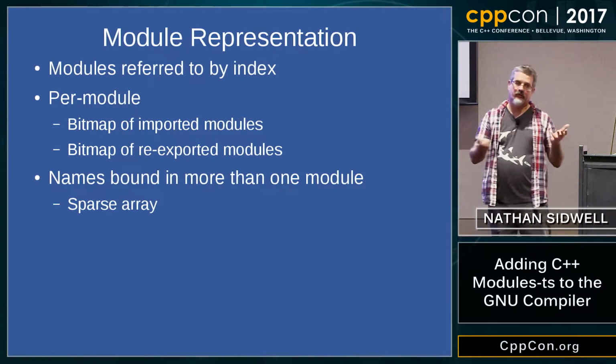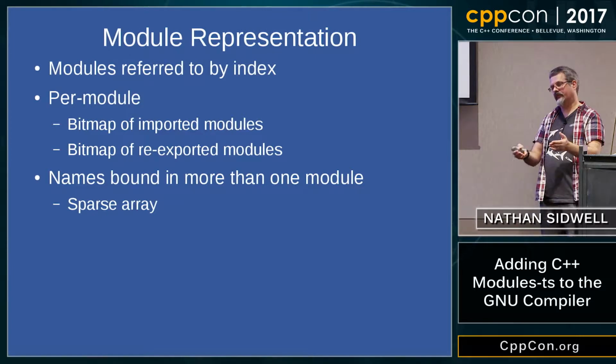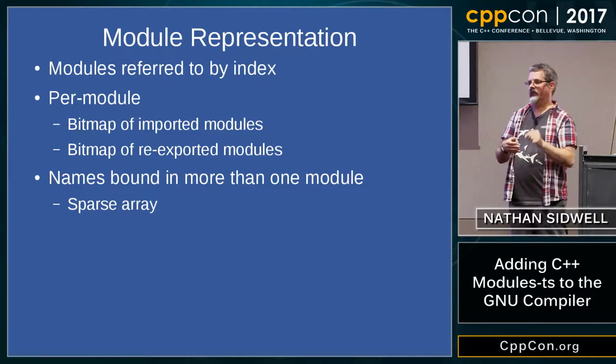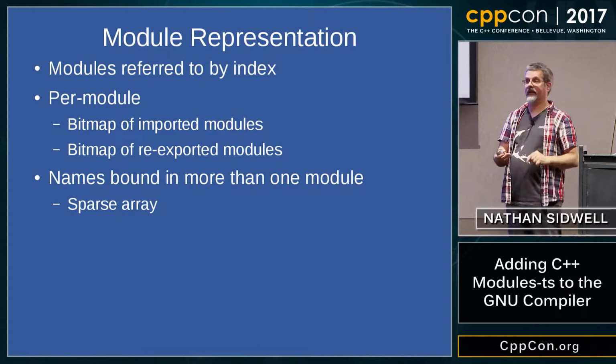Okay, yes, so names are bound to more than one thing. So in a namespace, there still ends up only being one namespace object, and the name there has a hash table in it that maps onto the things that it's bound to. And in non-module stuff, that thing would be a typedef or a class or an overload set or something like that. It would be one thing, effectively.